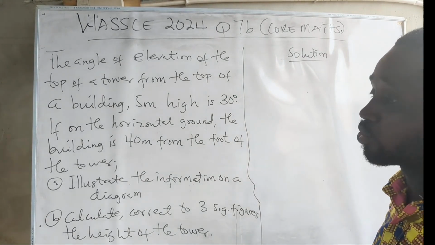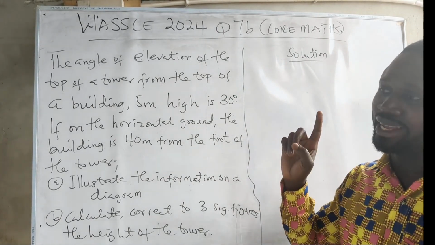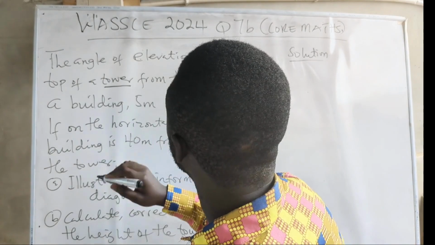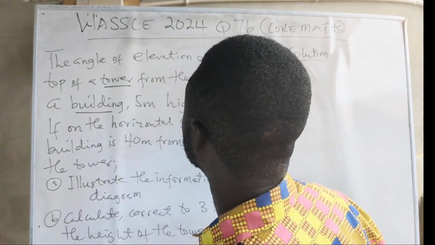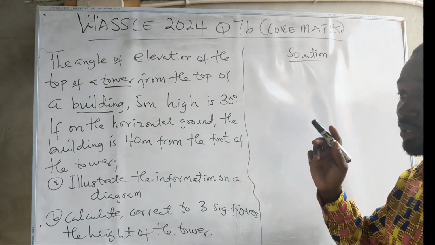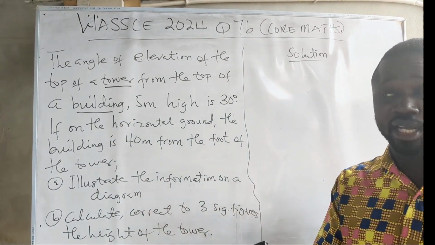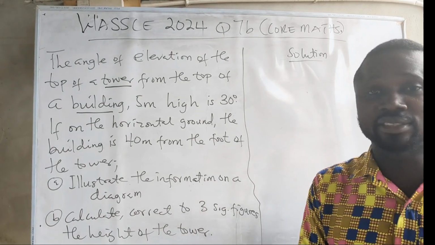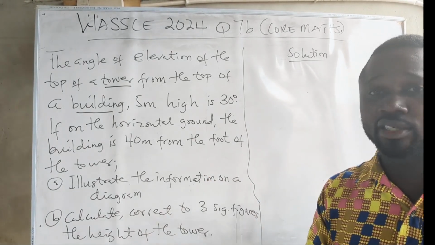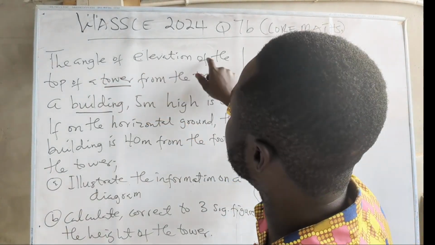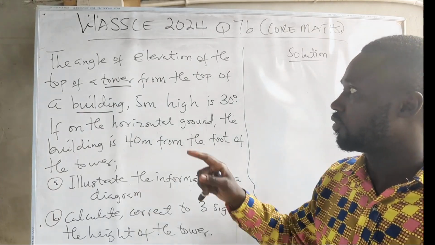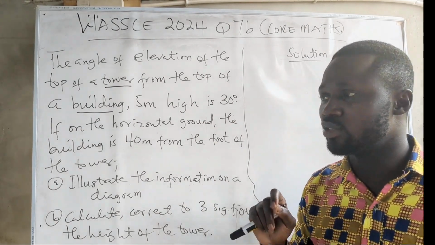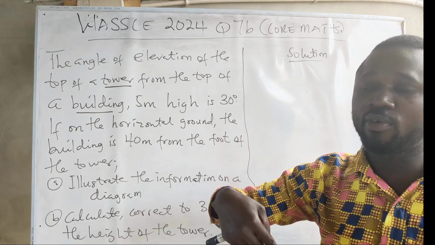Okay, so here we are talking about two vertical objects, a tower and a building. But which one is higher than the other? We may know the one which is higher depending on the angle of elevation that we are given. The angle of elevation of the top of a tower from the top of a building.